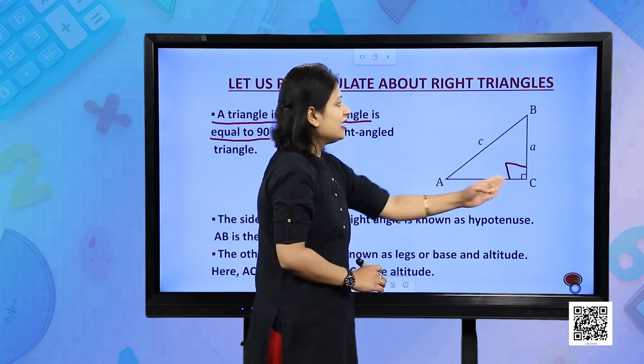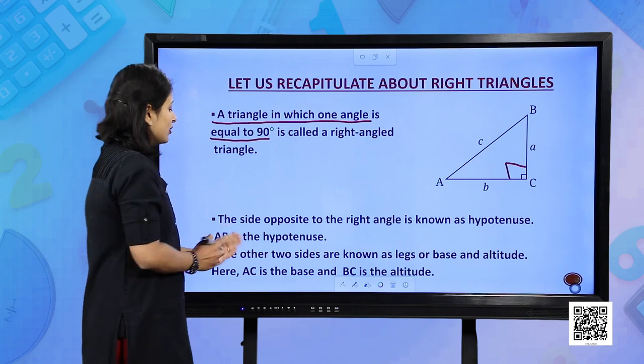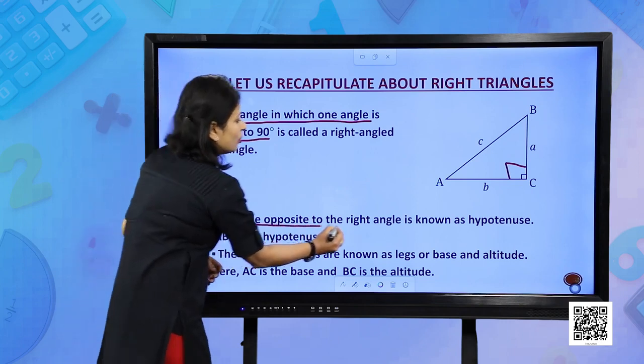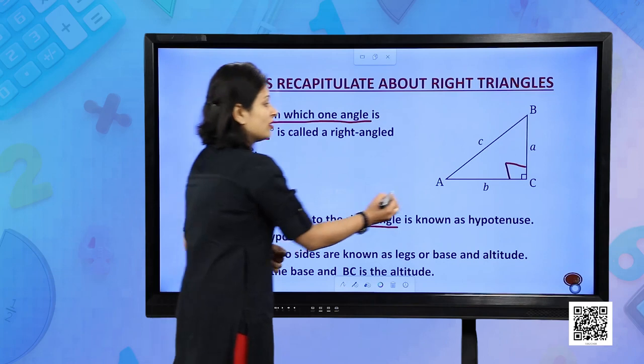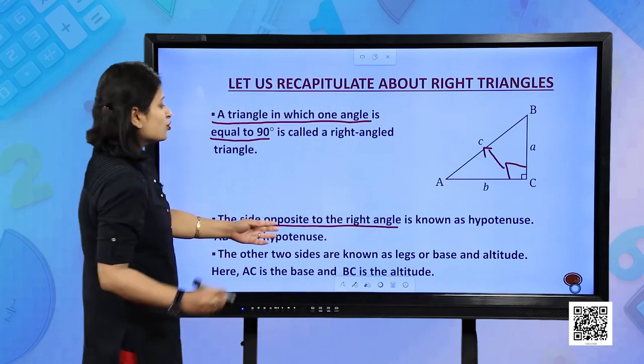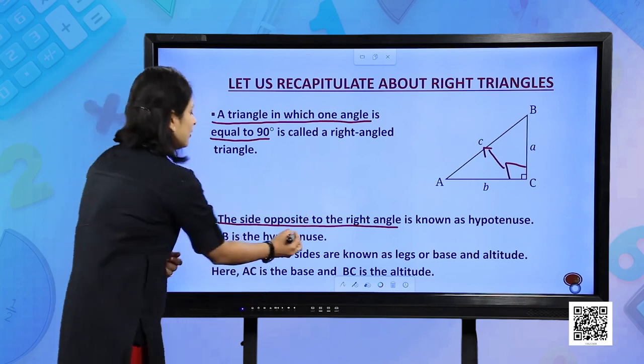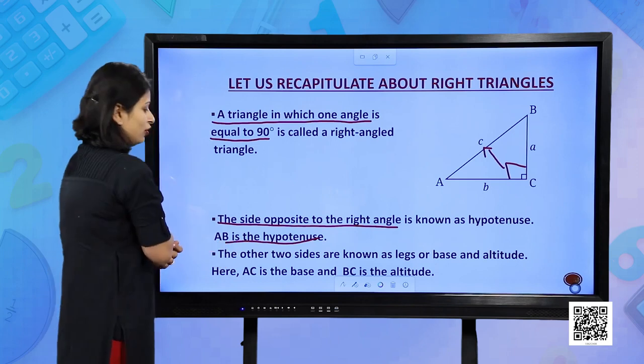So, triangle ACB is a right angle triangle. Now, the side opposite to the right angle, that is side AB, is called the hypotenuse.